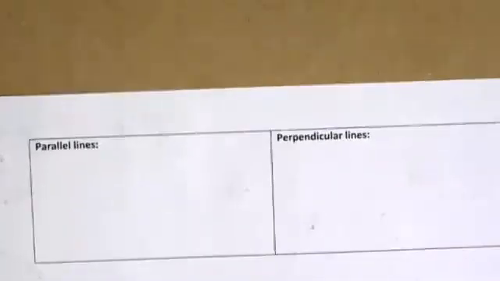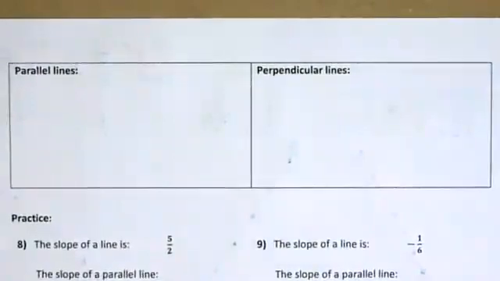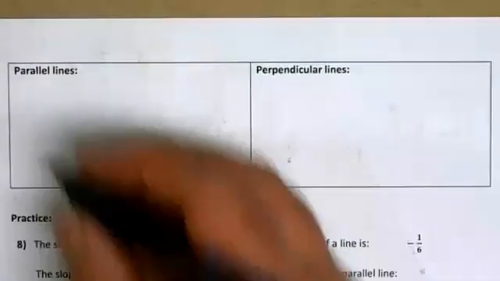So parallel lines. For our purposes today, I'm going to assume that we know what parallel lines are. I think you've seen those probably since elementary school. But really, we want to talk about today how parallel lines have equal slopes.